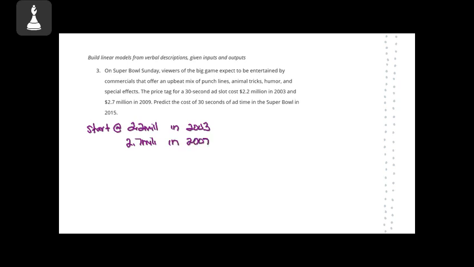So that means we increased $0.5 million over 6 years. If I take 0.5 divided by 6, and I put that in fraction form, it's going to give me 1/12. So our function: we start at 2.2 million, and we're going to increase by 1/12 of a million every year since 2003. So x equals years since 2003.